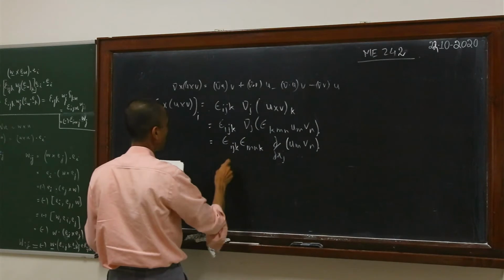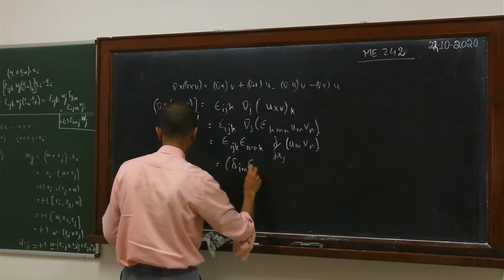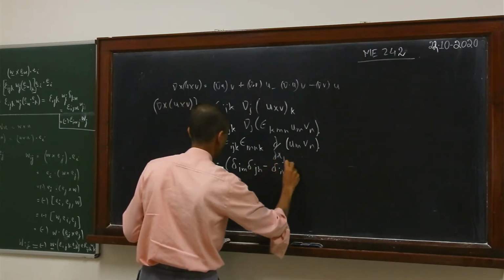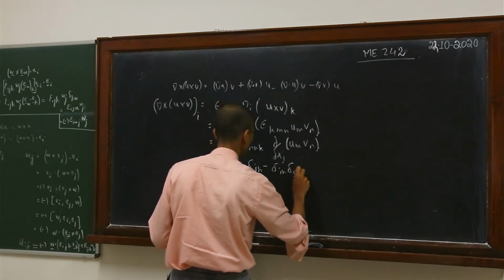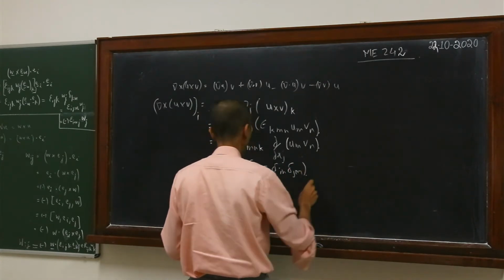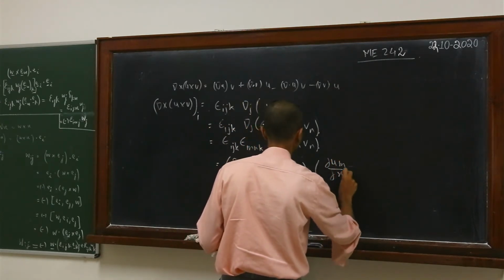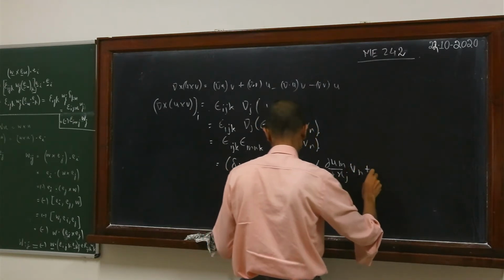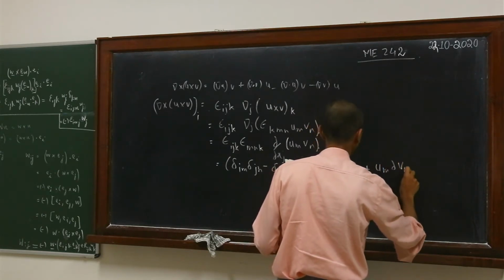Now again use the epsilon delta identity, so this will become delta im delta jn minus delta in delta jm, times del um by del xj times vn plus um times del vn by del xj.